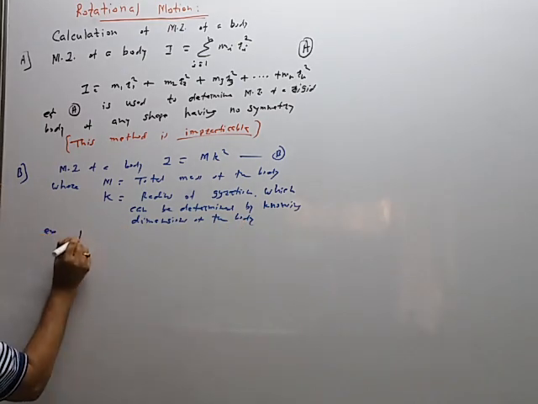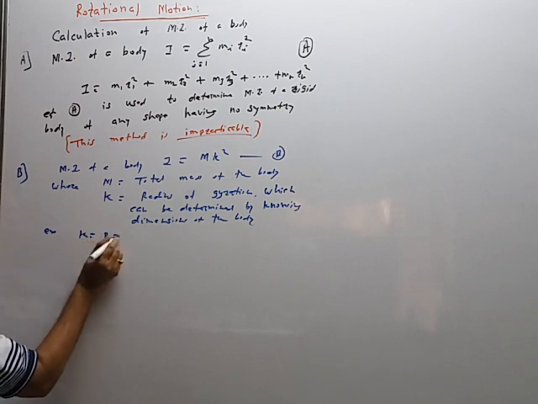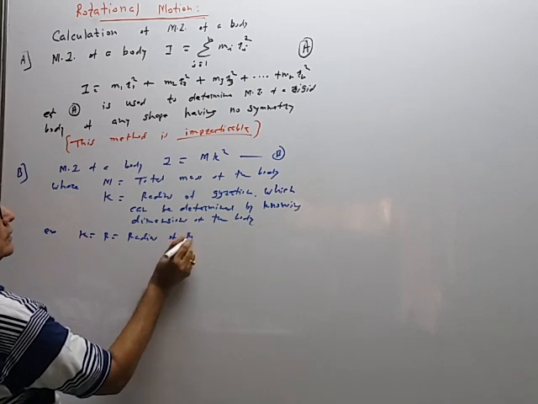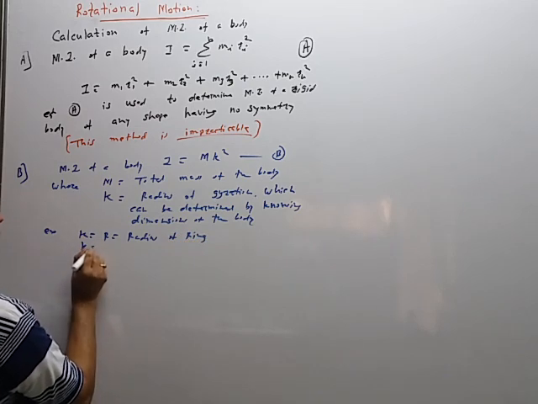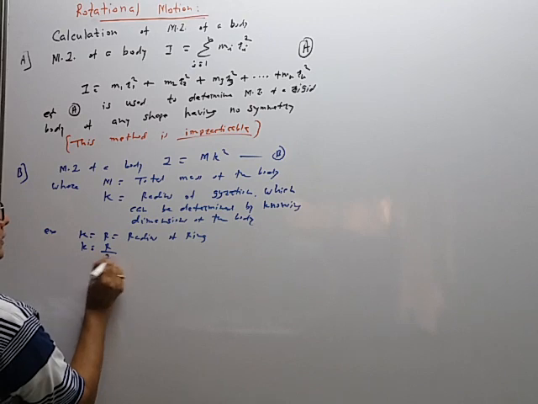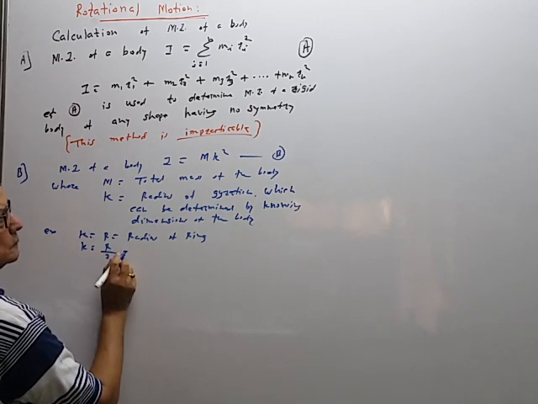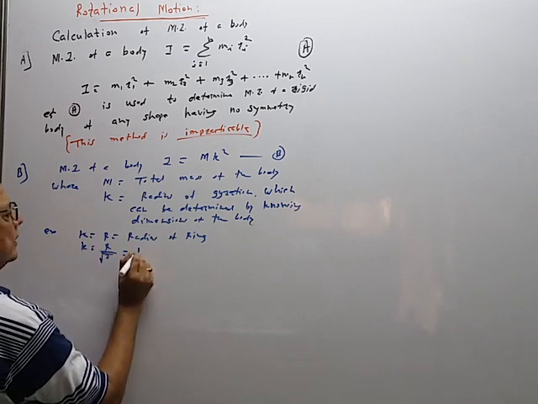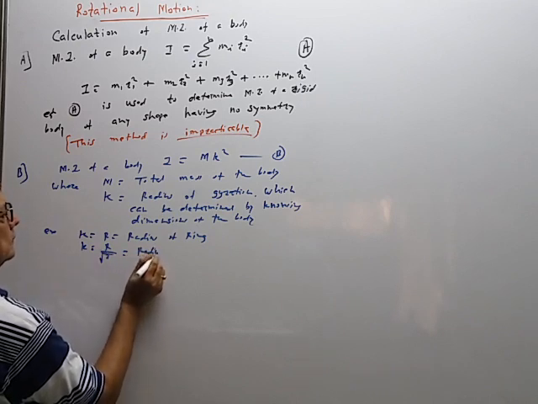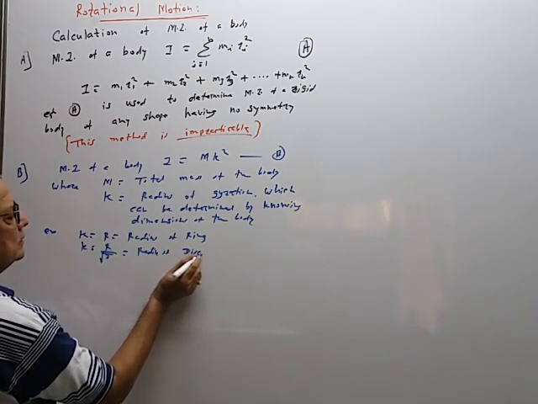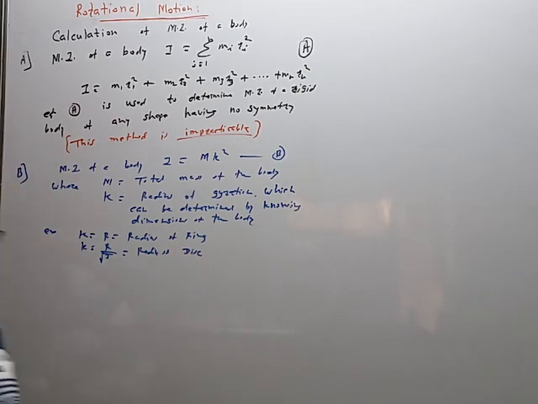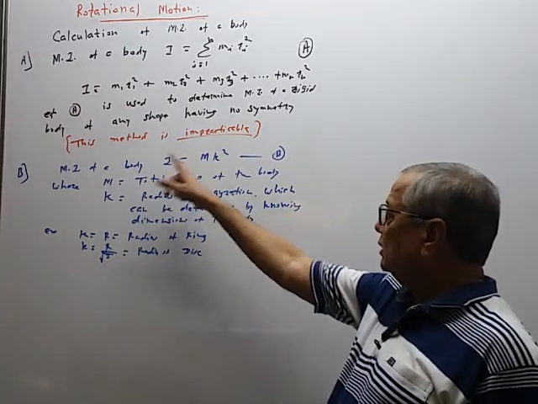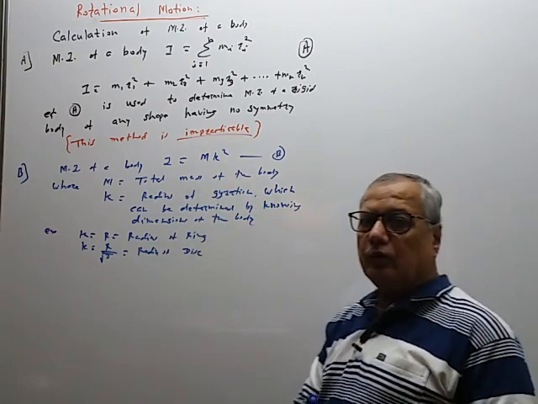For example, K is equal to R, the radius of the ring. K is equal to R by 2, or R upon root 2, radius of disc, like this. So in this equation, we have to take only two observations.